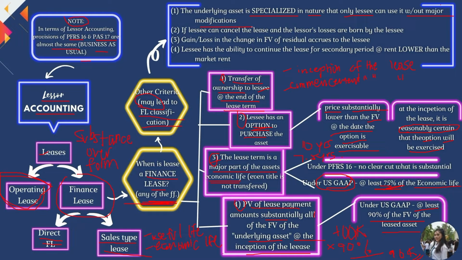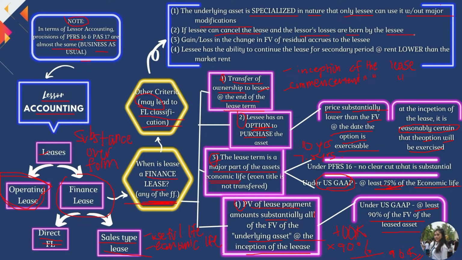Number 2, if the lessee can cancel the lease. So, okay, stop na ni ang contract at the discretion of the lessee. And the lessor's losses are borne by the lessee.